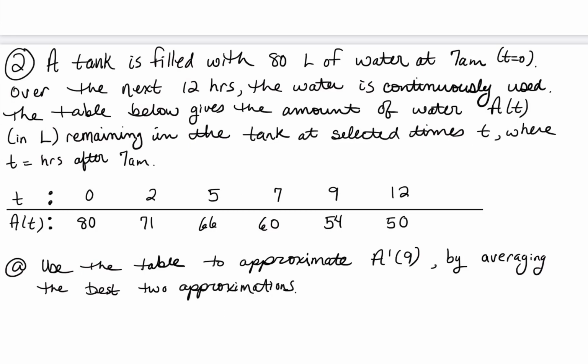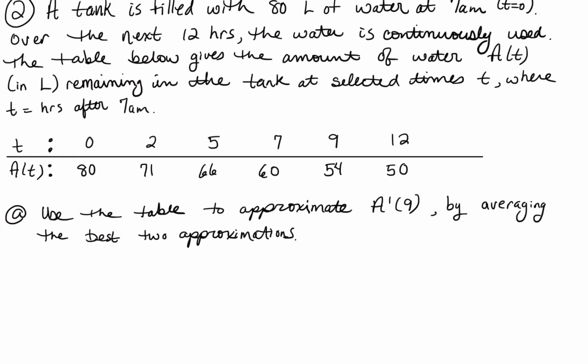If I had been given a function to start, like some sort of A of t function, I might have taken the limit as t approaches 9 of A of t minus A of 9, all divided by t minus 9.